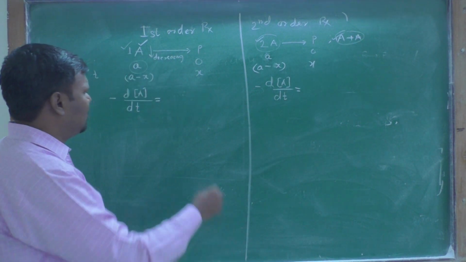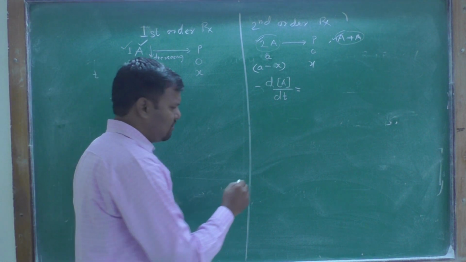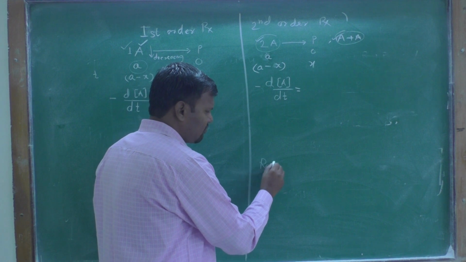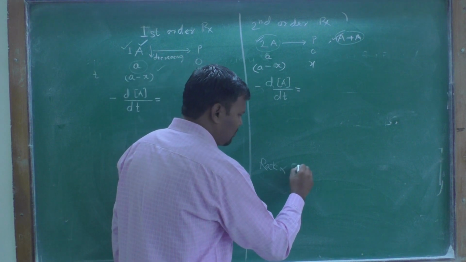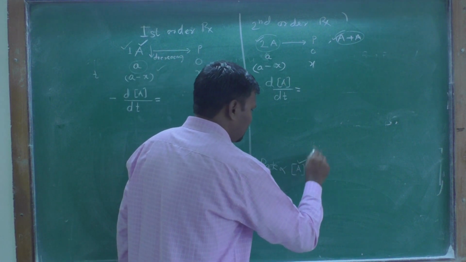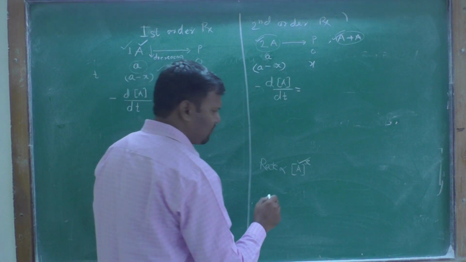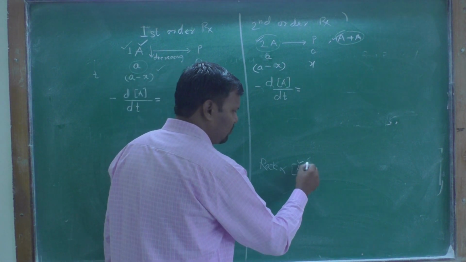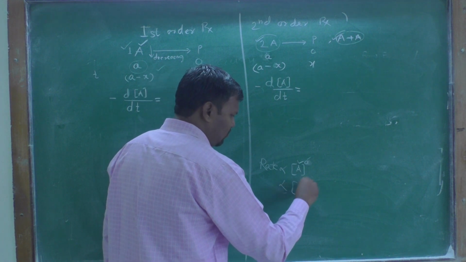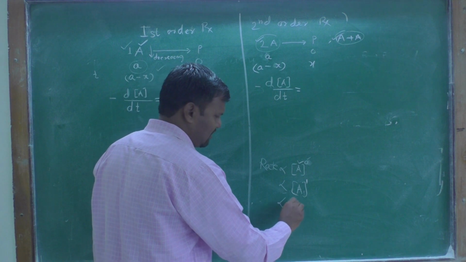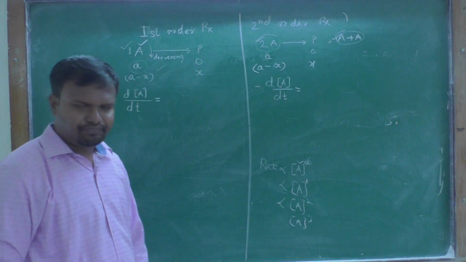It is equal to, we know the rate law is given like that: the rate is directly proportional to the concentration of reactant raised to some power. For a zero order reaction, you have to use 0. For a first order reaction, you have to use 1. For a second order reaction, and like that a third order reaction, you have to write that.